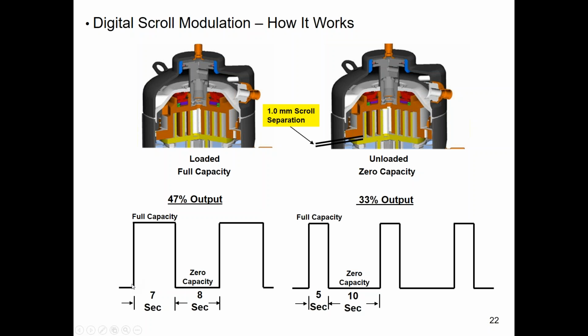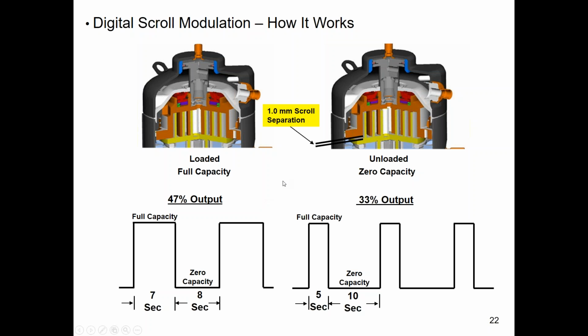In this case, we've got 7 seconds where it's loaded, then we unload for 8 seconds, then we load for 7 seconds, and if you've ever heard one, you can hear them loading and unloading. So that's how we're taking control of capacity. When we're at 100%, obviously we're returning oil, we're giving the full 10, 20, 25 horse or ton capacity.